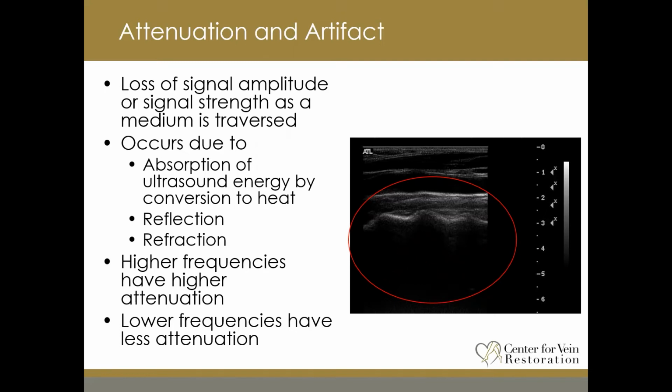One of the easiest ways to minimize artifact is to move your transducer or reposition. If you're imaging from an anterior plane and you reposition your transducer and come in from a more lateral approach, if there is truly an artifact that is seen, that artifact will disappear when you move to a different position.